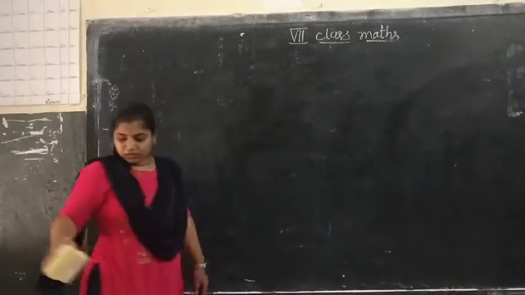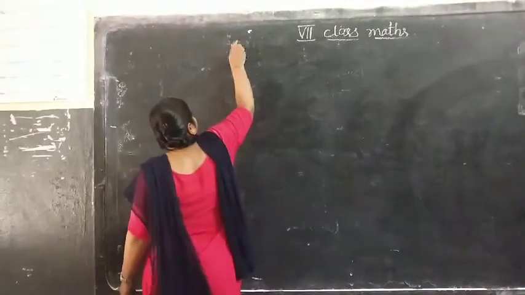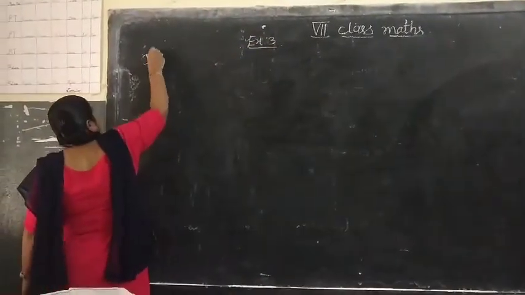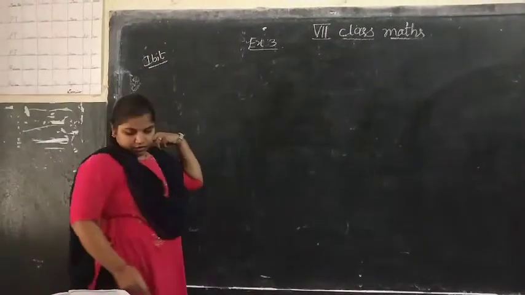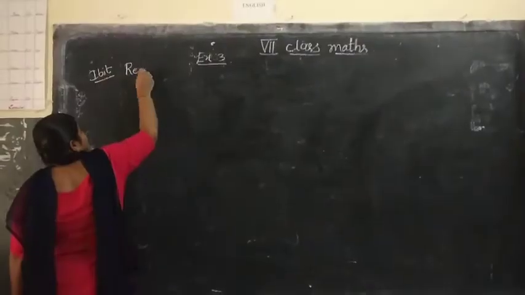So in exercise 3, first bit is again a number line. So we have to subtract the integers on a number line now. So represent the following subtraction on a number line.